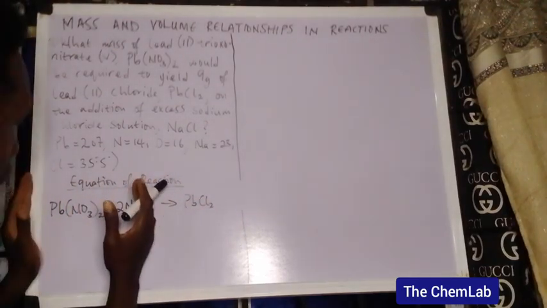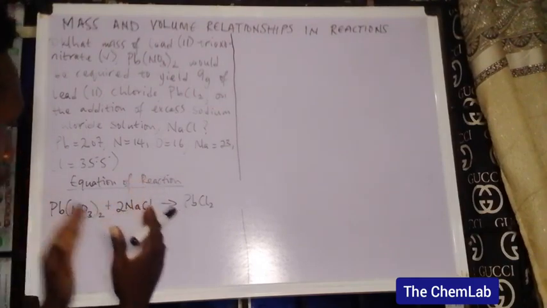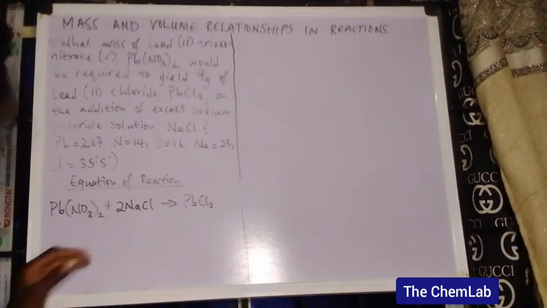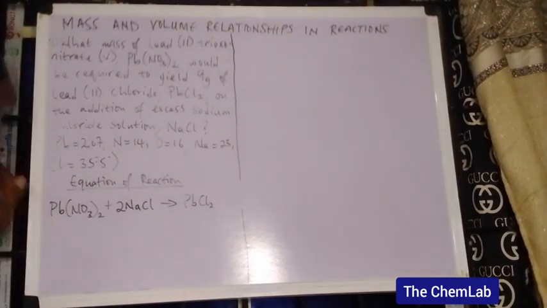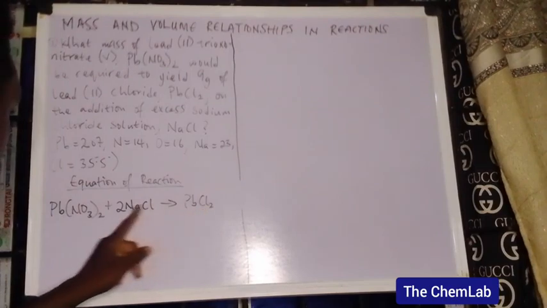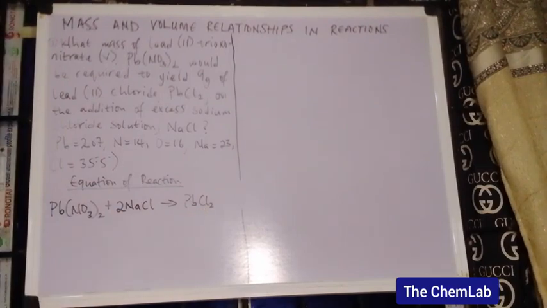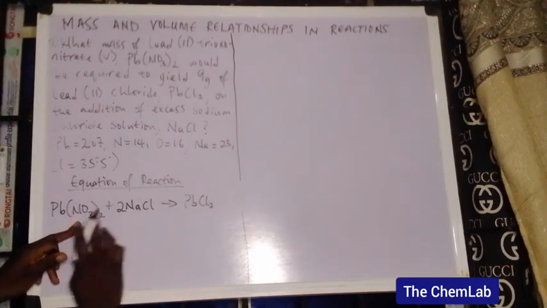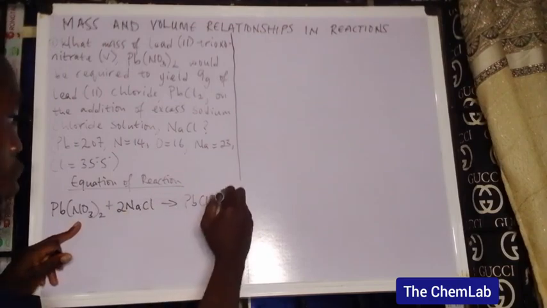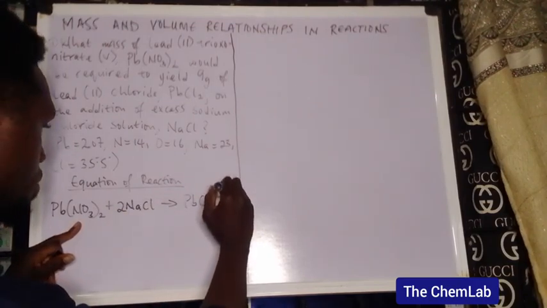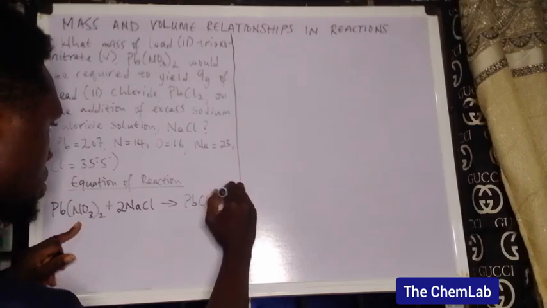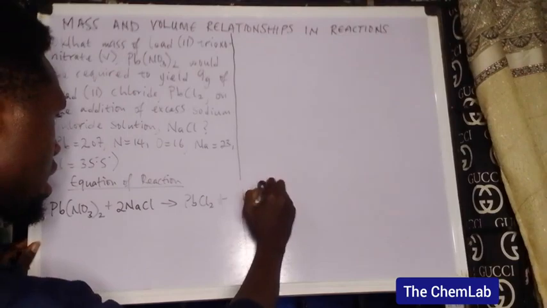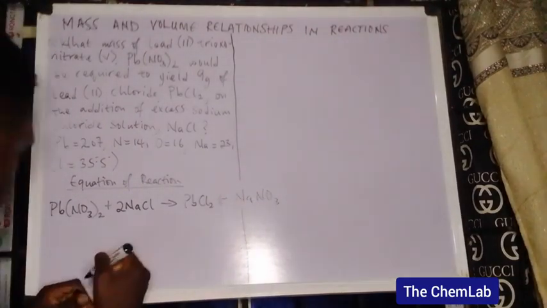All the atoms represented there, we have represented. Now let's look at this other side. We still have to represent this part. Pb is Pb, only 1. Cl2 is Cl2. Now we have NO3 and we have Na. So plus NaNO3.